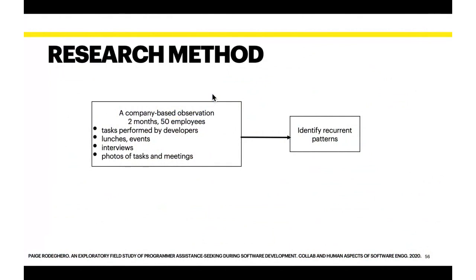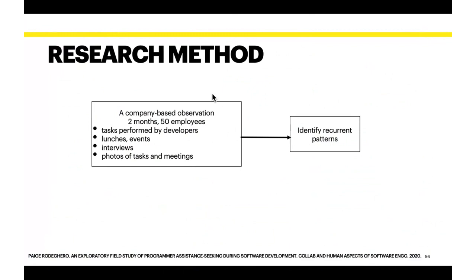She was looking at what tasks are performed by developers. She even participated in lunches. She interviewed lots of people. She even took pictures of tasks and meetings. And based on this extremely rich data, she identified recurrent patterns.